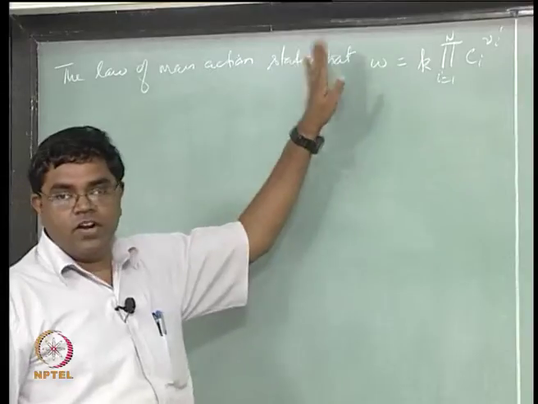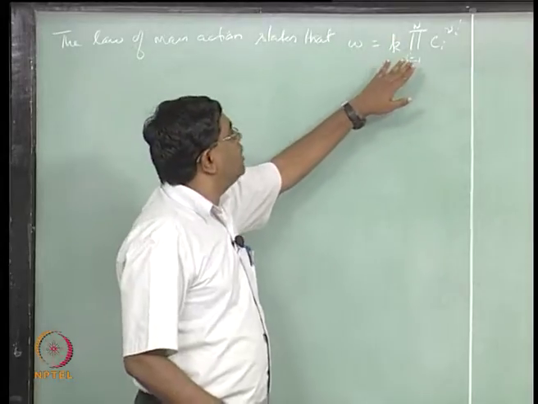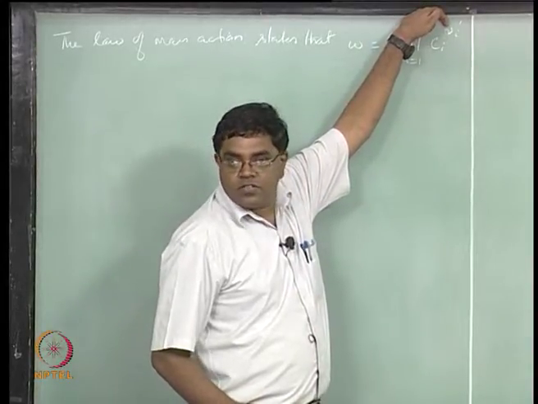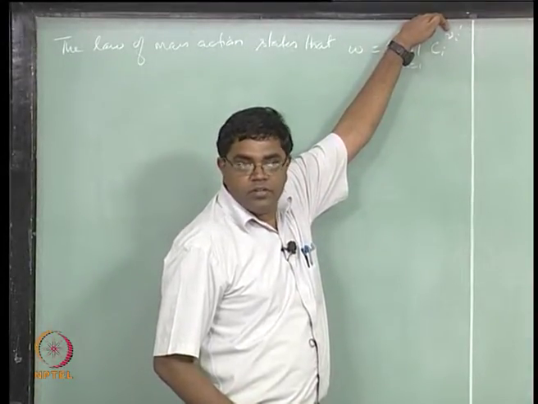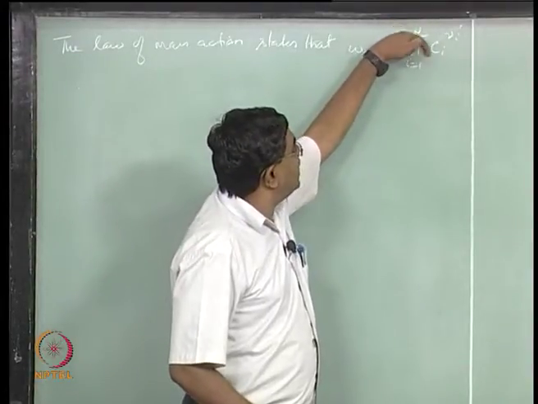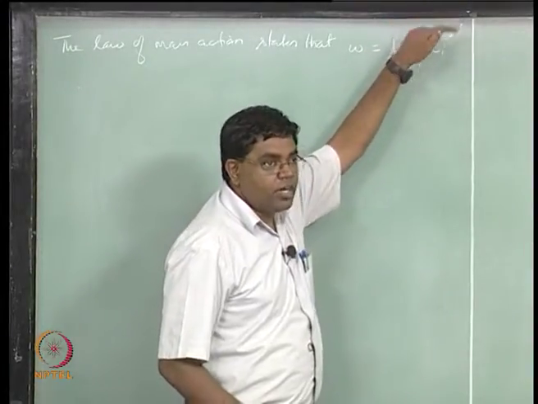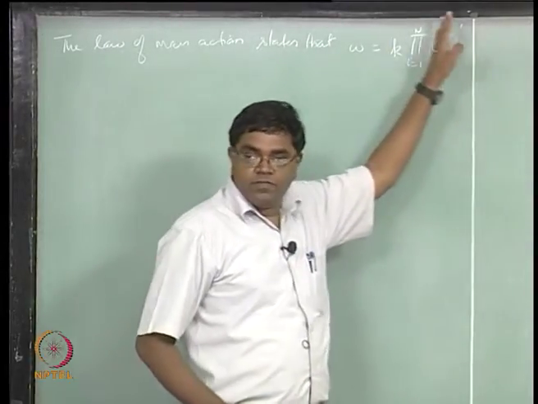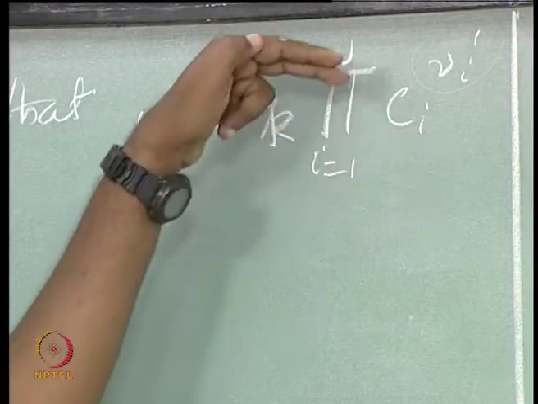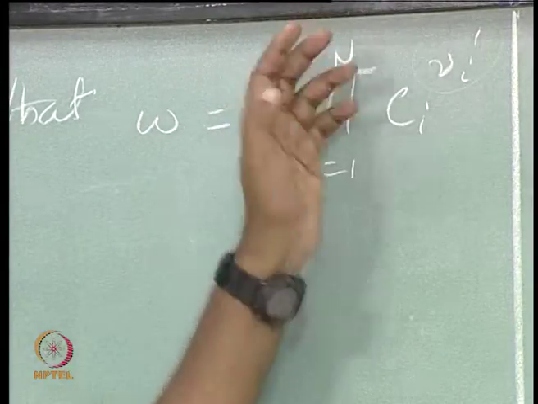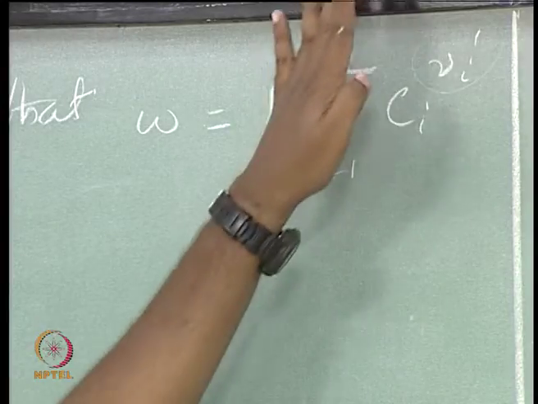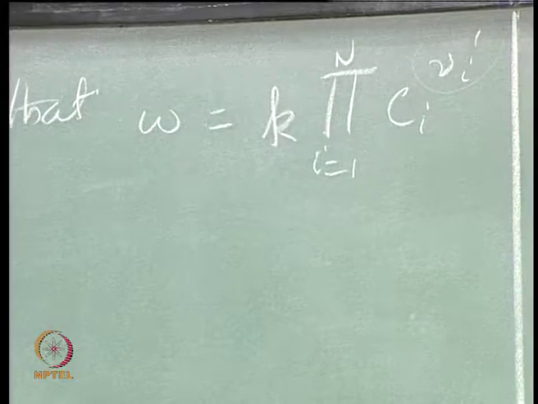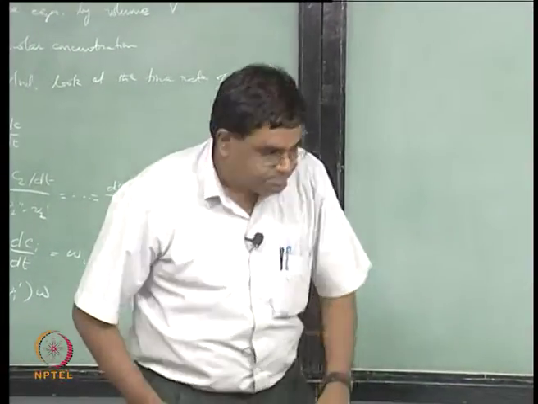Effectively the rate of reaction is proportional to the concentrations of the reactants raised to their stoichiometric coefficients. Keep in mind you are taking a product over all the species, so if some species are products, their nu I single primes will be 0, so ci to the 0 is equal to 1 and you don't have to worry about it. It's a pretty general expression.